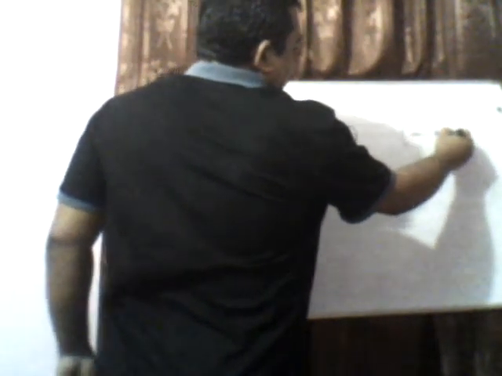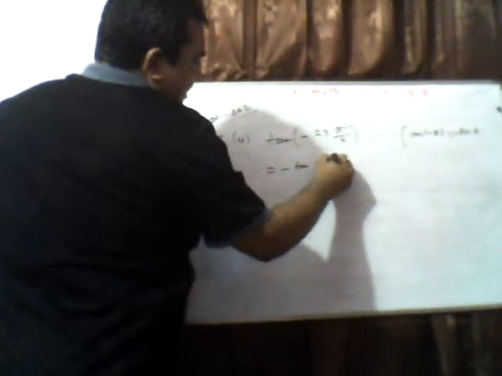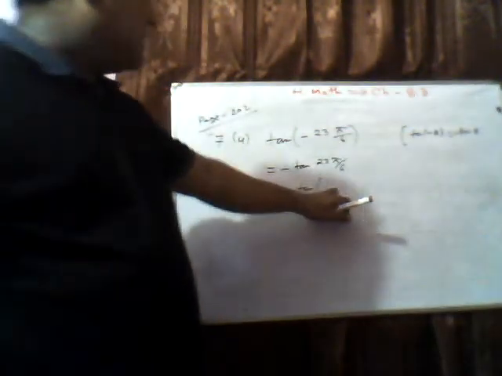We know tan(-θ) equals -tan θ. So tan(-23π/6) equals -tan(23π/6), which is -tan of (nπ/2 + θ). What is the value of n?